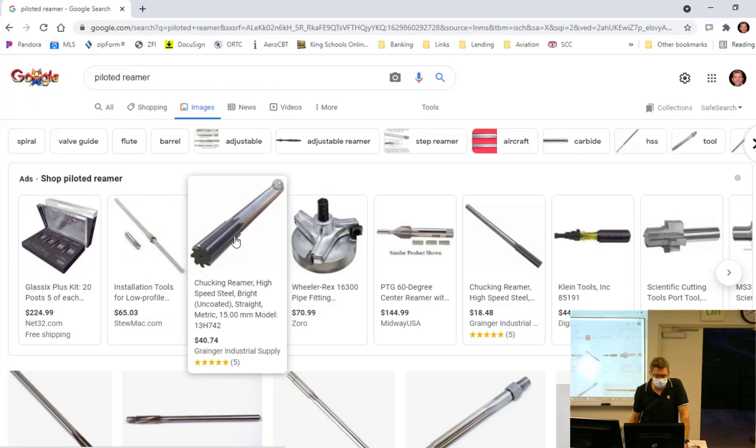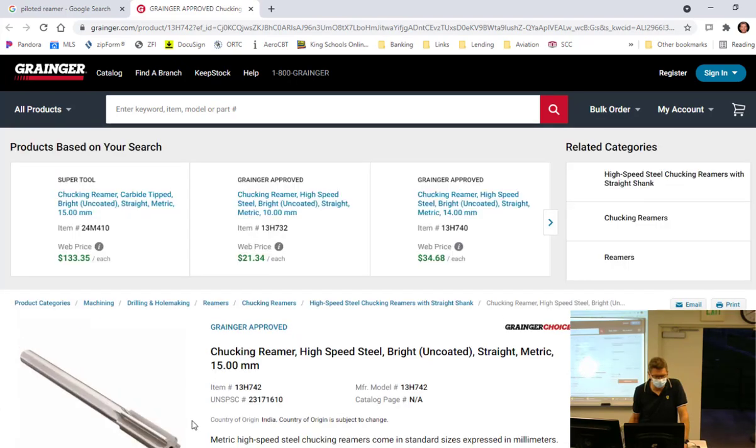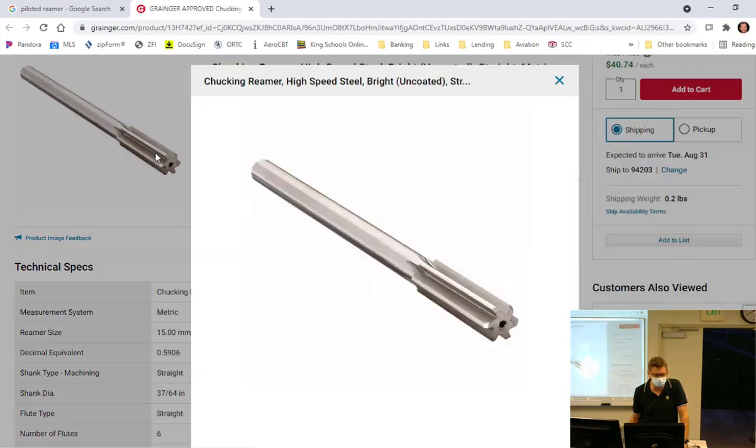Yeah, that's not a piloted reamer, but it's a reamer. That's a good picture. So you see how it's got the flutes on it that cut right there. This is precision ground, so when it goes through, that'd be exactly 1/2 inch.